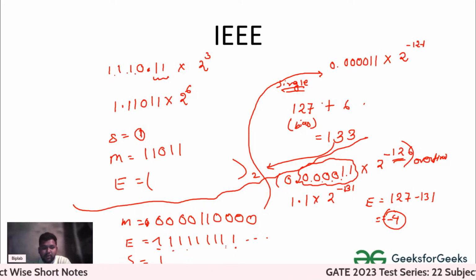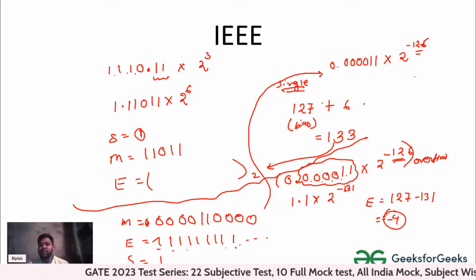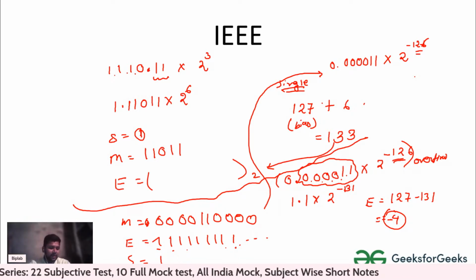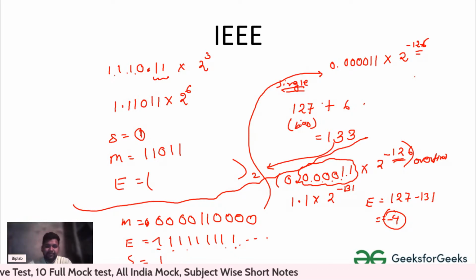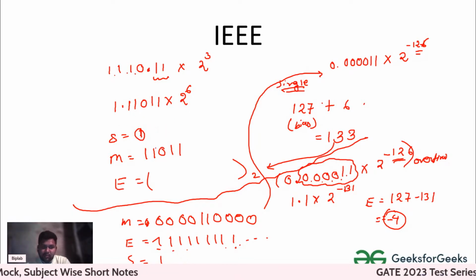You don't convert this exponent directly now, because this is a denormalized number. This exponent will always be minus 126. So this is one concept.